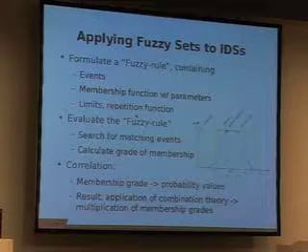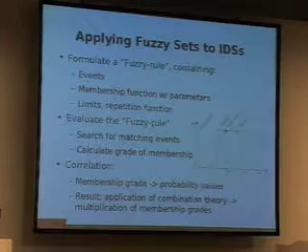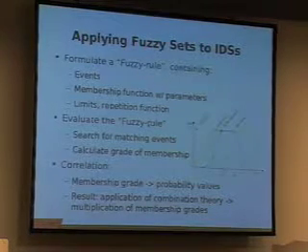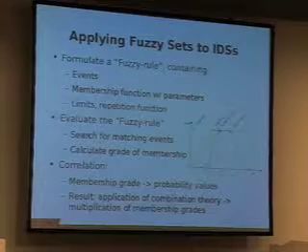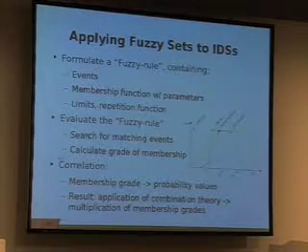average value. The second step is to evaluate the fuzzy rule. So you have to search for the matching events at the beginning, and then you can calculate the grade of membership for each of them.